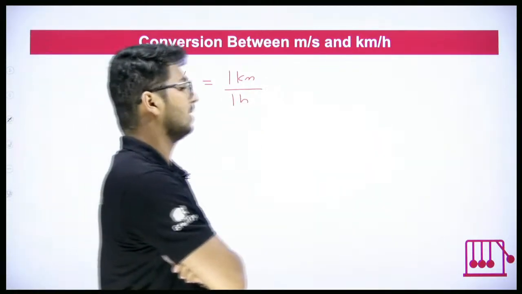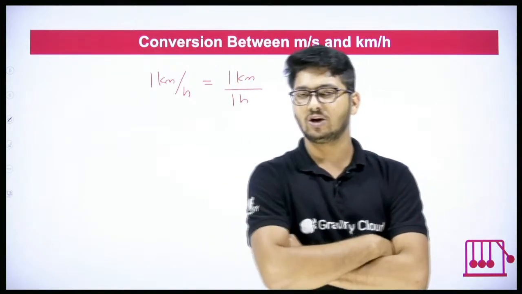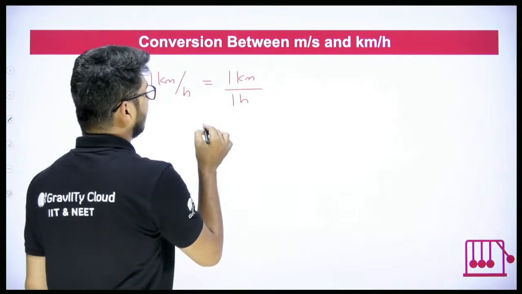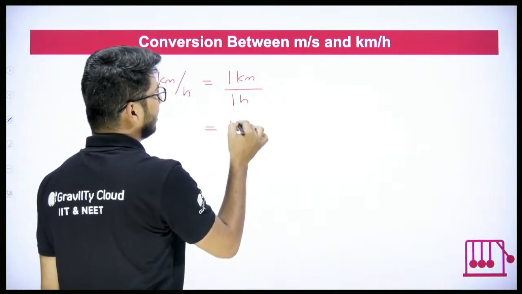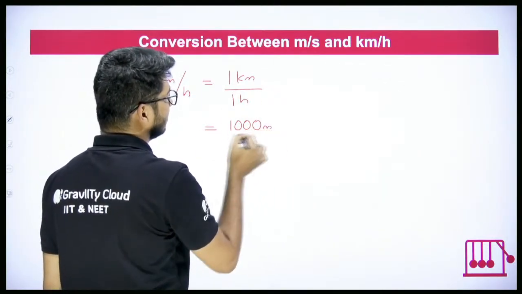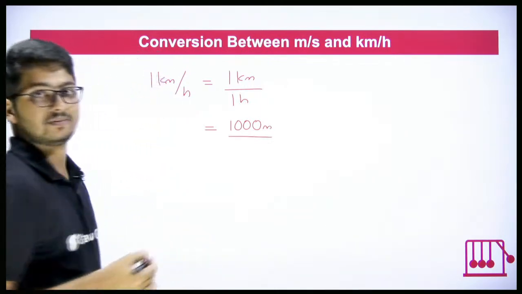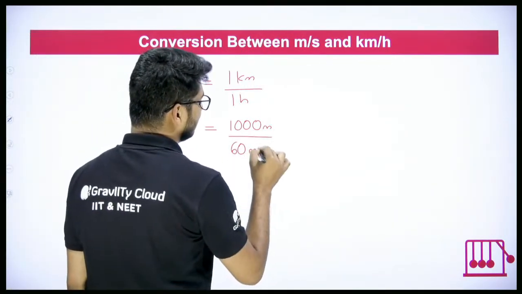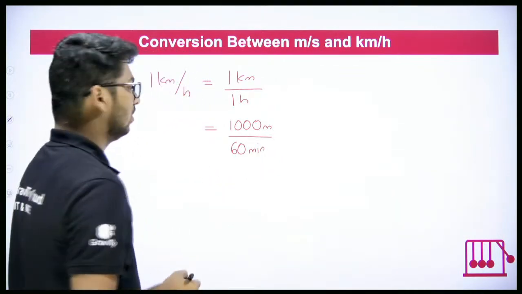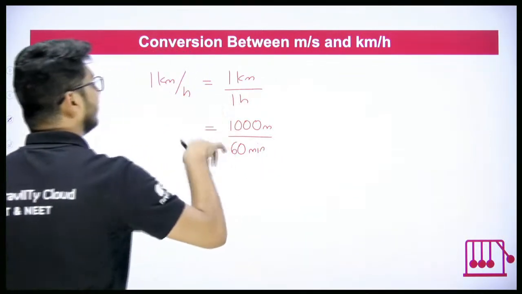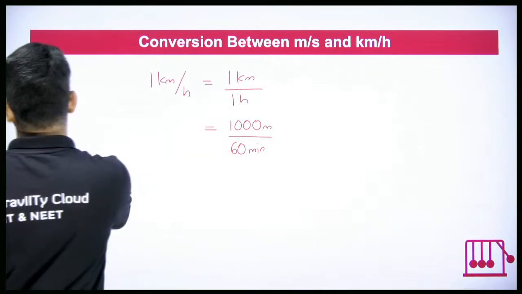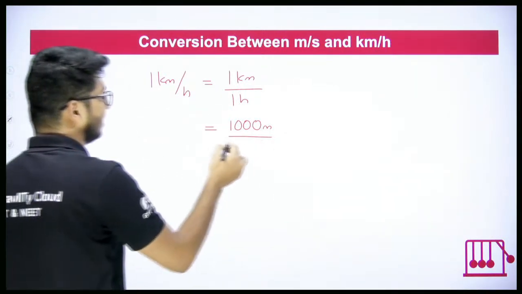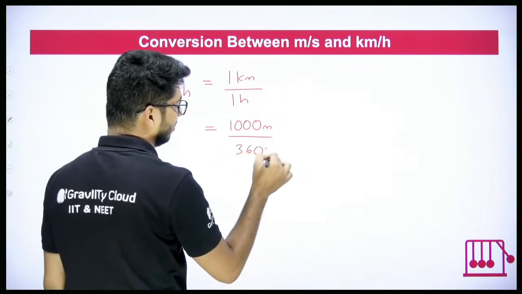Now, what is 1 kilometer equal to? 1 kilometer is 1000 meters. What is 1 hour equal to? 1 hour is 60 minutes. But the same 1 hour is also equal to 3600 seconds. Yes or no, everyone?